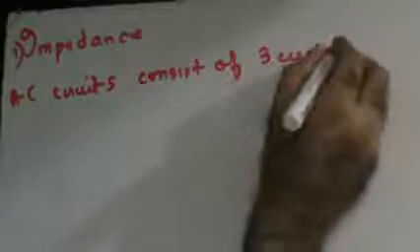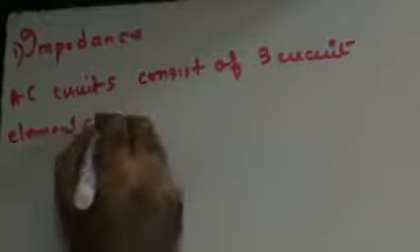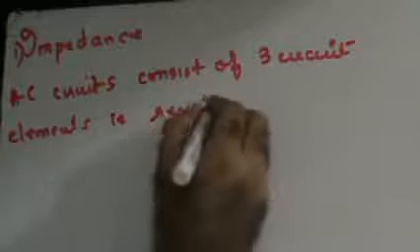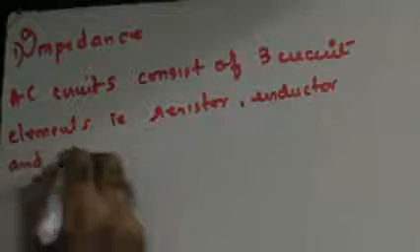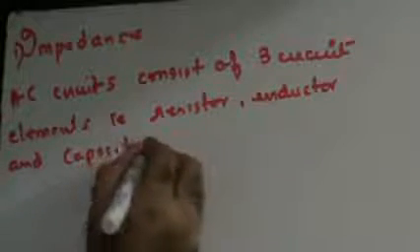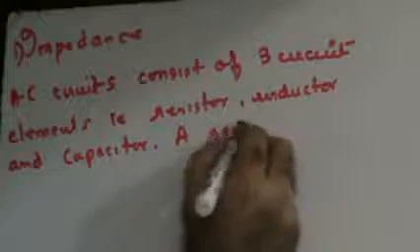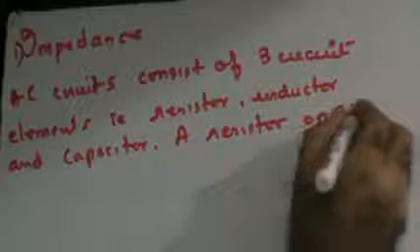Right? I can say that AC circuits consist of three circuit elements, that is resistors, inductor and capacitor.